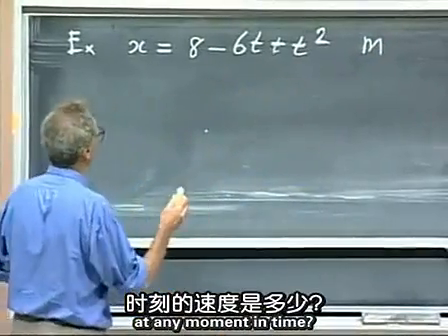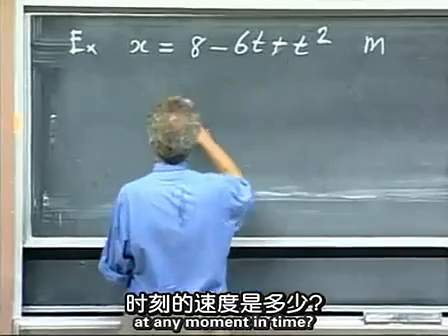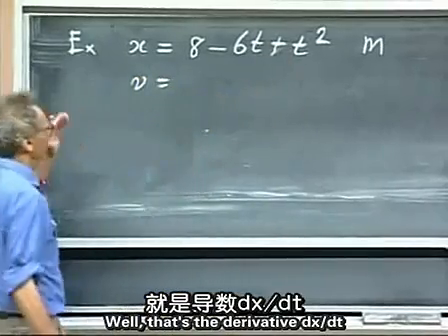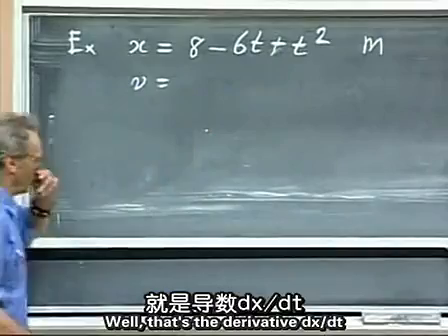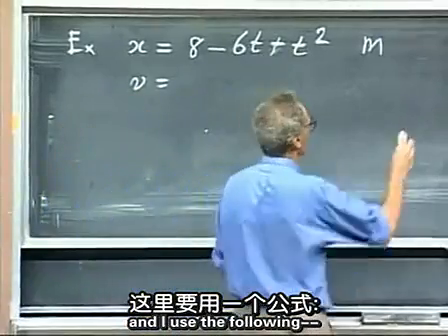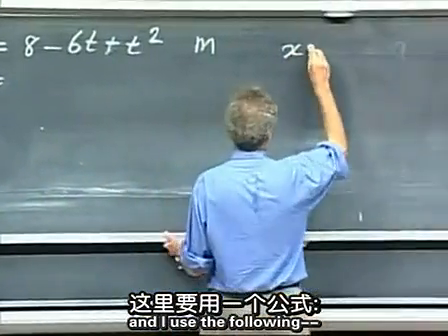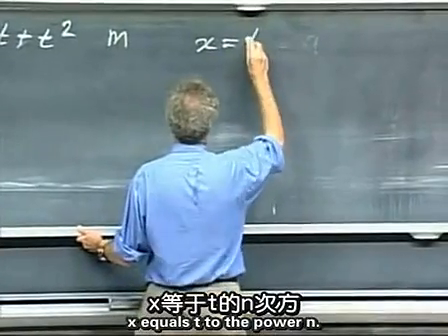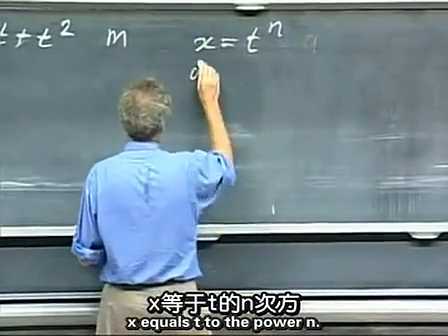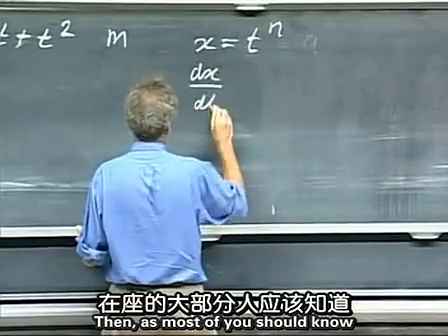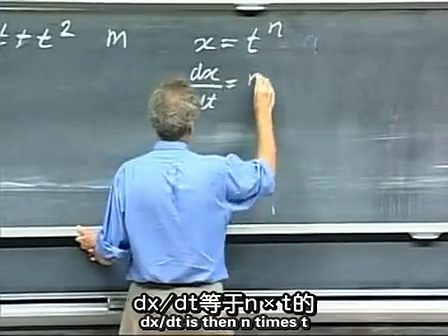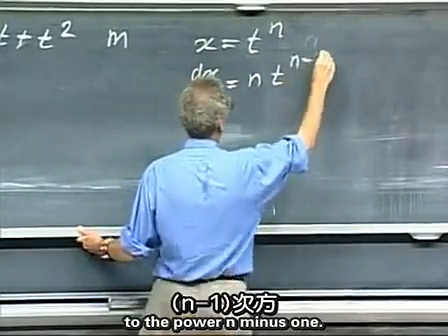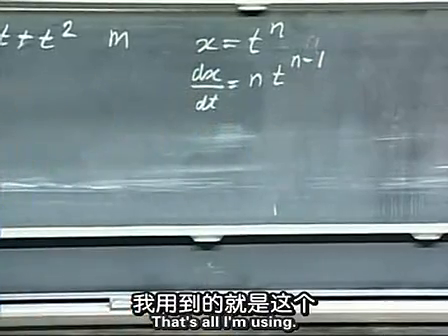What now is the velocity at any moment in time? Well, that's the derivative, dx/dt, and I use the following: x equals t to the power n. Then, as most of you should know, dx/dt is then n times t to the power n minus 1. That's all I'm using.